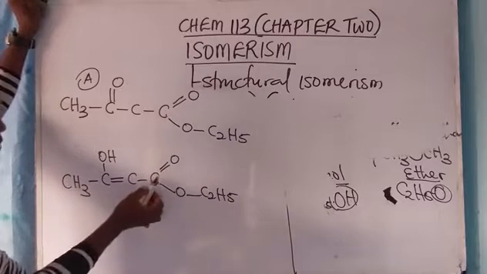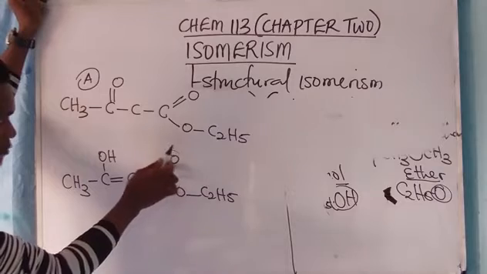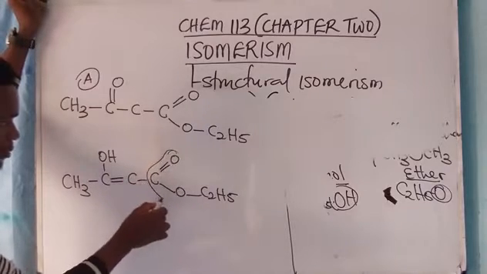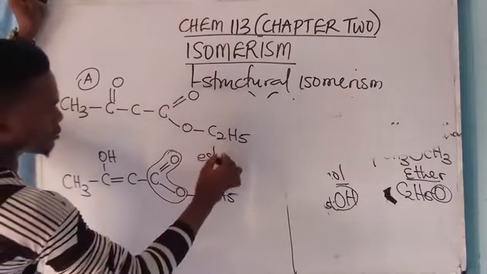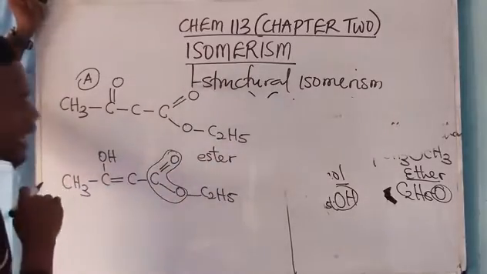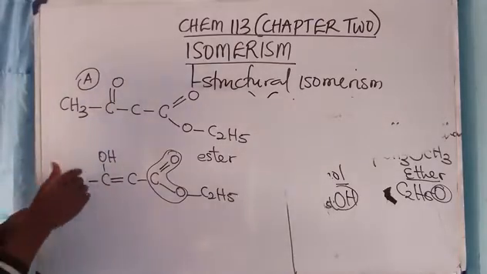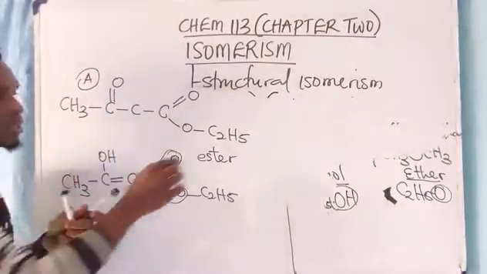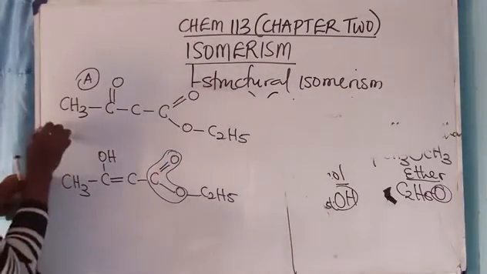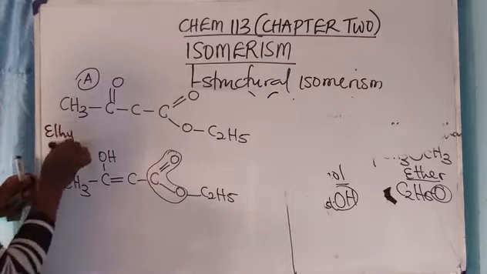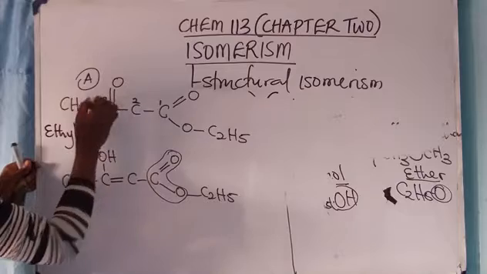If you want to start naming, first thing first, we check where the functional group is. Now we have the first functional group at carbon 1. This is the ester functional group. You can see that it's ester, not ether, sorry. You know they are esters like alkanoates. Now, if I want to name this one, I'm going to do it alphabetically. This is ethyl, becomes ethyl. This 1, 2, 3. All right.